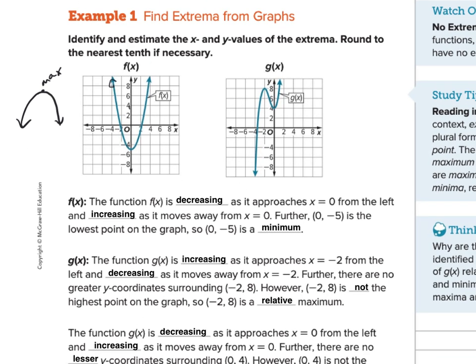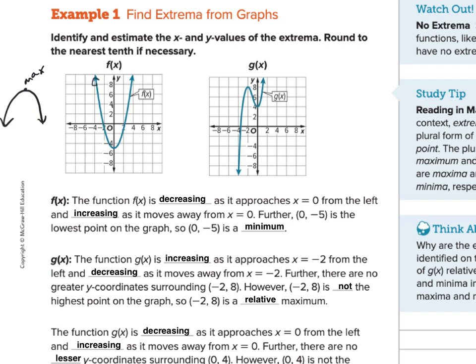Looking at g of x, we are increasing, and then we turn around and we're decreasing. So this is a relative maximum point, and then we're decreasing and then increasing. This is a relative minimum point. It is not a maximum or a minimum because this function continues to go on forever in an upwards and downwards direction.